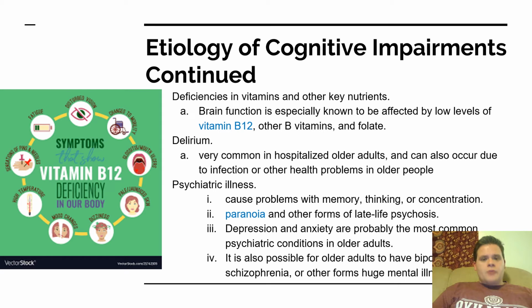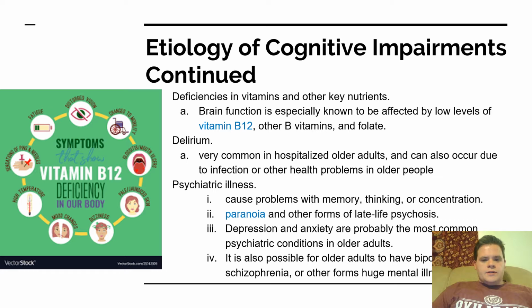So malnutrition can also be a factor in diagnosing cognitive impairments. Delirium is very common in hospitalized older adults and can also occur due to infection or other health problems in older people. And then also psychiatric illnesses can influence cognitive impairments.